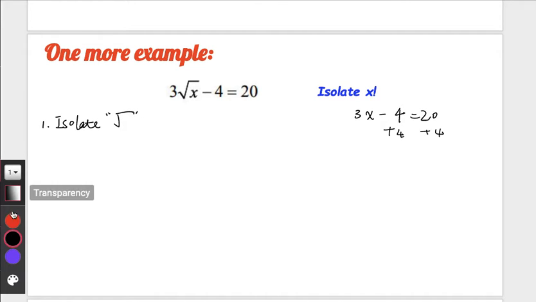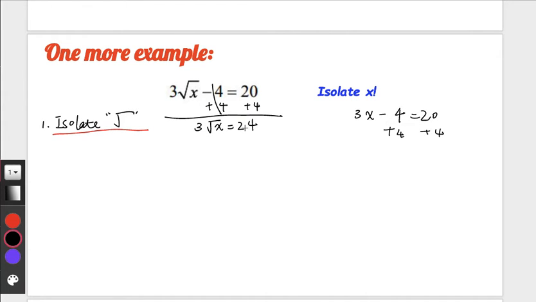I'm going to underline this one again. The reason is, if you want to square this part, we need to make sure it is isolated first, and then you can square both sides of the equation to get rid of the square root symbol. But the first step is to isolate it, so we are going to plus 4. Now I have this. However, in order to isolate the square root, I still have 3 here.